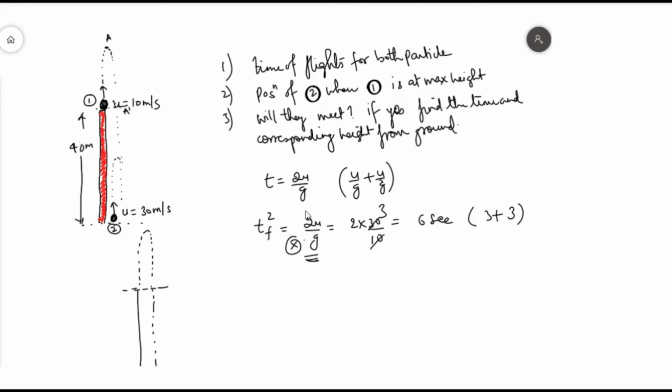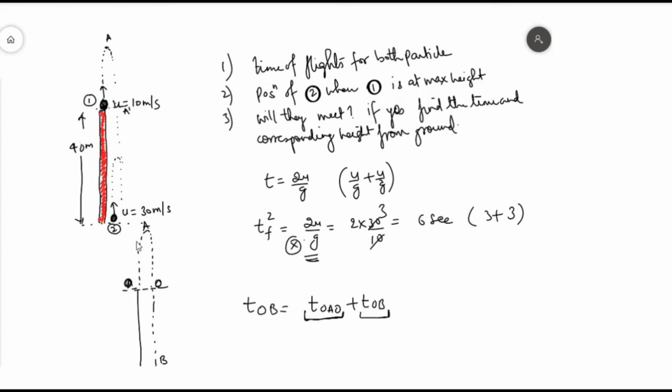Now we can use this formula 2u by g just for this O A O interval. Now let's suppose the ground point is B, so total time T O B is T O A O plus T O B. We can use the formula 2u by g for this calculation, and the other has to be calculated separately.